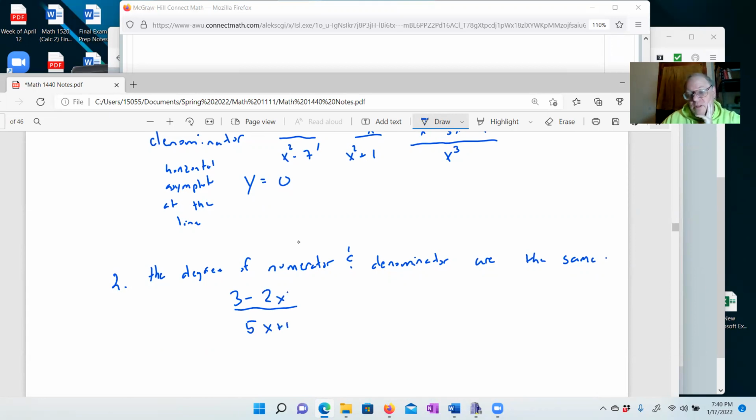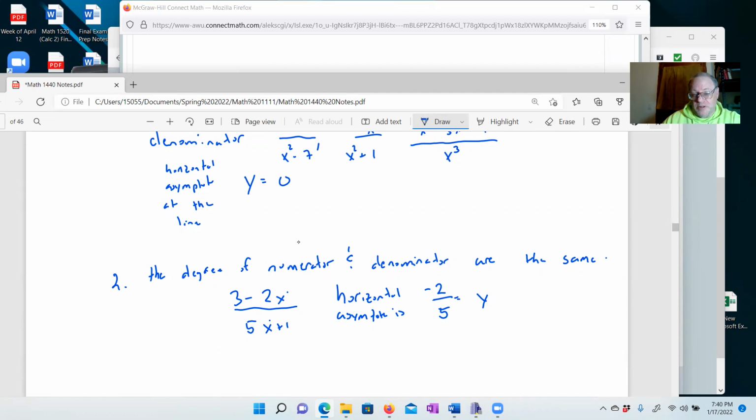The degree of the numerator is 1, the degree of the denominator is 1. Our horizontal asymptote is negative 2, because that's the leading coefficient of the top, divided by 5, that's the line y equals negative 2/5. That's my horizontal asymptote.